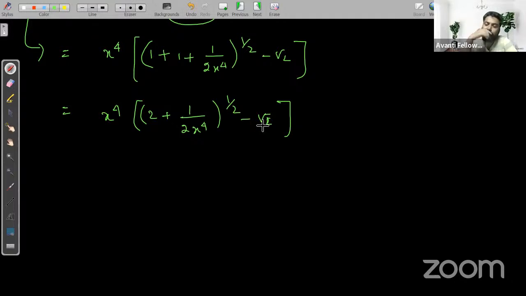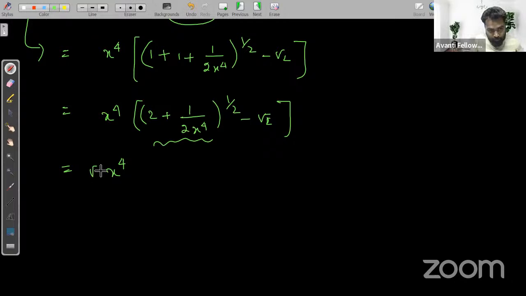But here we are having 2 in the expansion, instead of 1, right? So I'm trying to make it 1 also. So this becomes x to the power 4. If we take 2 as common from the expansion, it will come out as root 2.